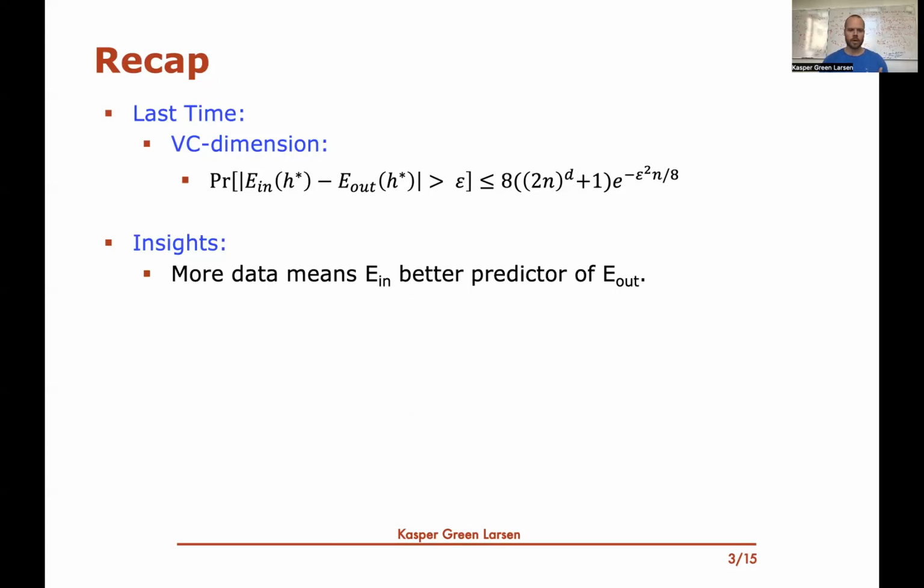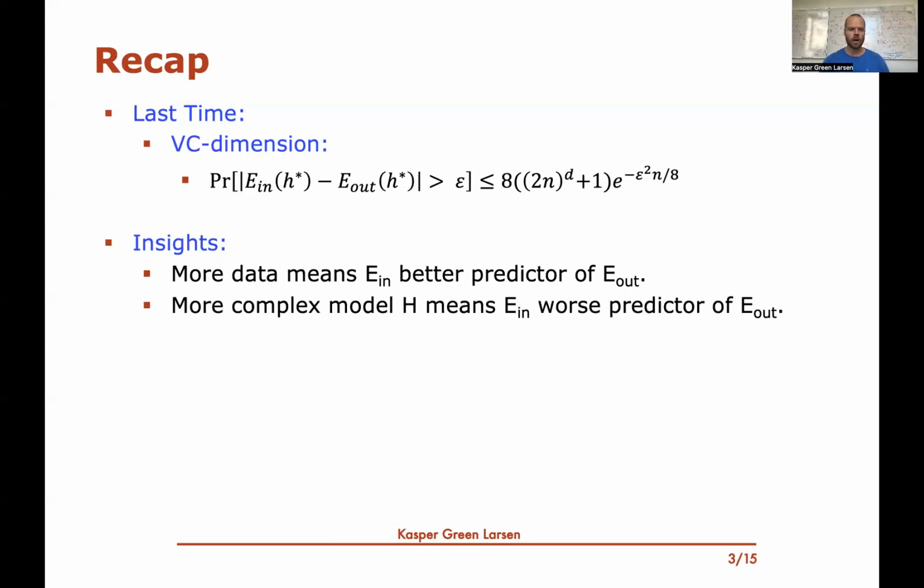Right, and this formula here really gave us some insights just by looking at it. In particular, we can see based on this formula that the more data I have, the performance on the training data is a better and better predictor of the true performance of this model that I trained on new data. Also, the more complicated hypothesis that I use means that they get further and further apart, or you cannot really trust necessarily that these are close.